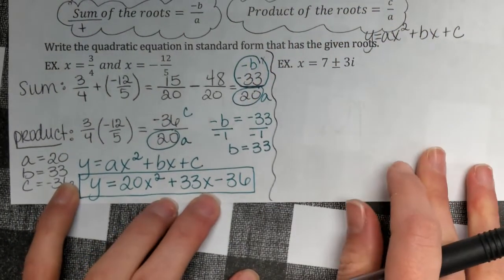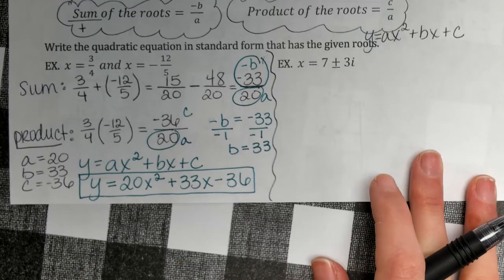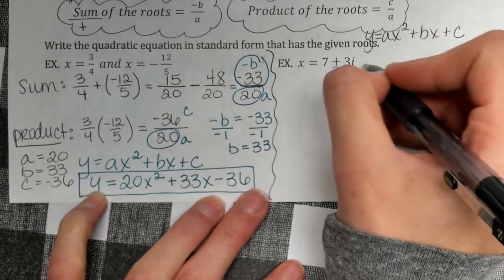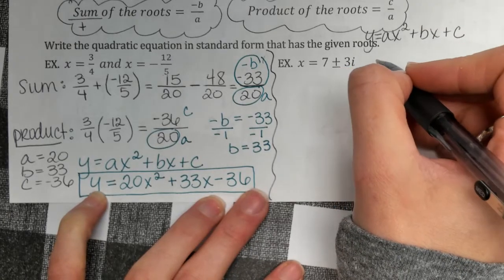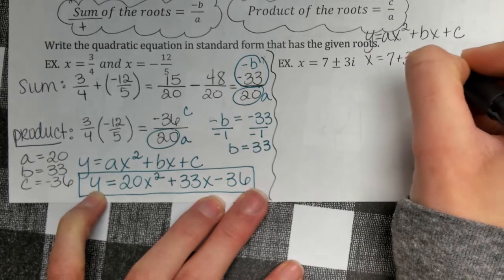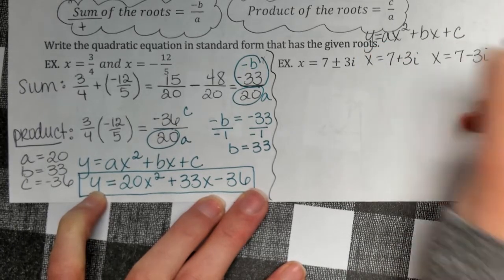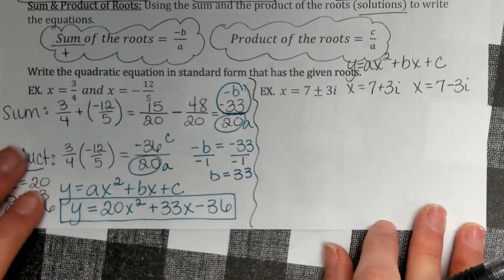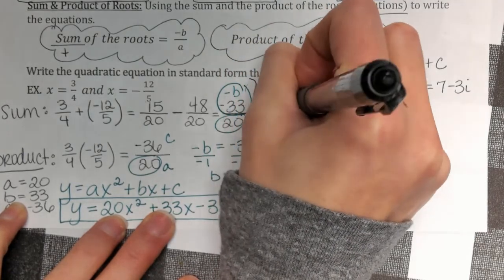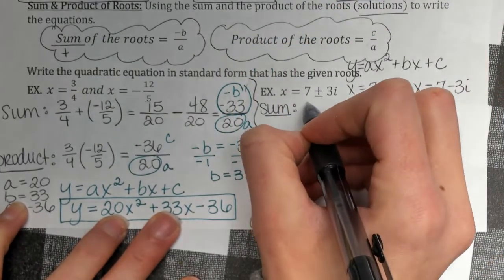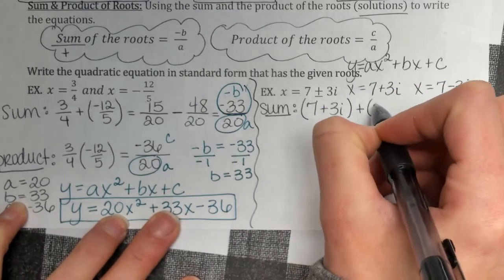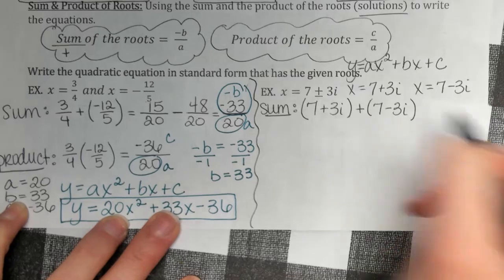Alright, well what about whenever I have imaginary numbers? Okay, I've got a 7 plus or minus 3i. So what that means is I have my two roots, x equals 7 plus 3i, and x equals 7 minus 3i. So when I do the sum of the roots, I've got 7 plus 3i in parentheses plus my entire 7 minus 3i.